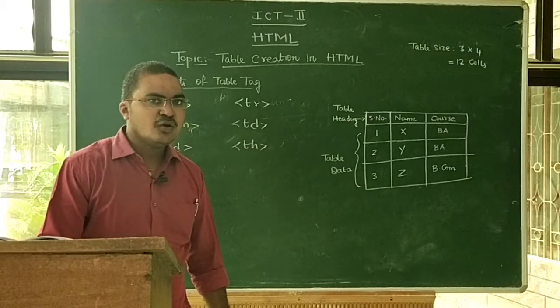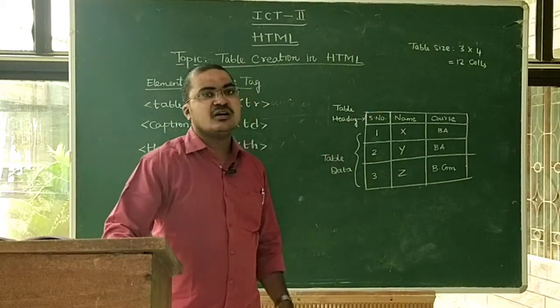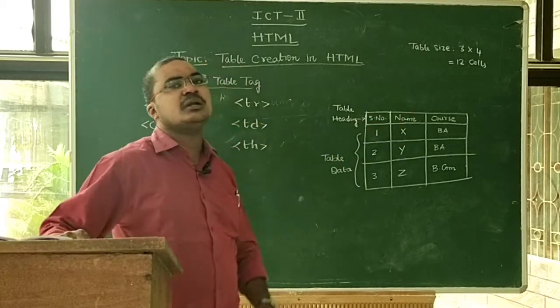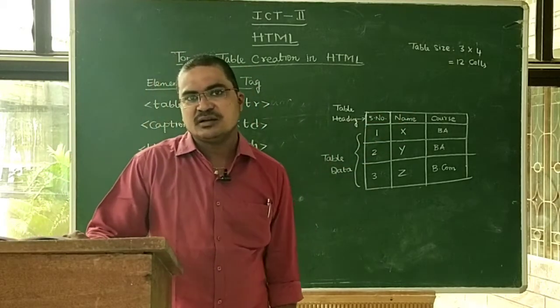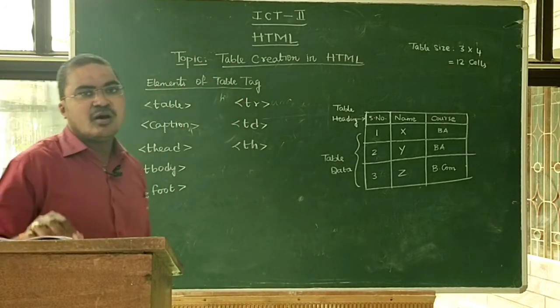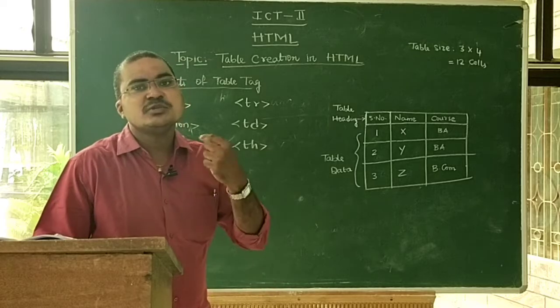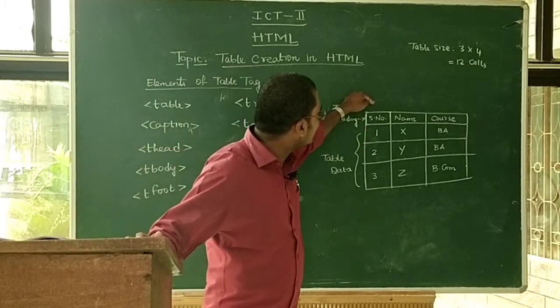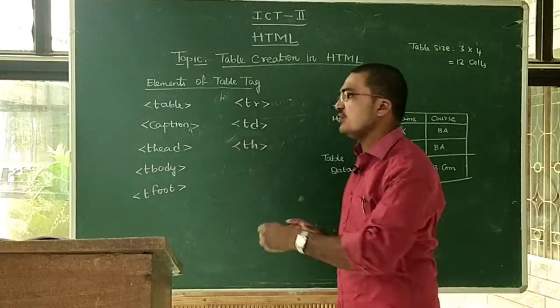Without the year or semester, how can I understand which year's student information I can keep in this table? That is a little bit complicated. So that's why we use the table header. It will always show which semester's student information we can add in this table. The heading appears at the top of the table this way.